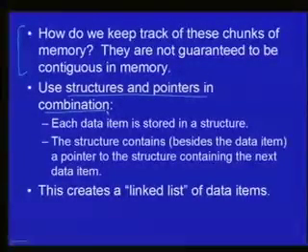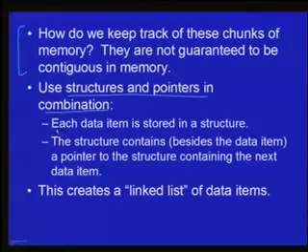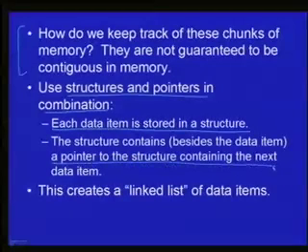And the basic idea is very simple. Let's say we have integers as data items which we need to store, and we are using dynamic memory allocation to store them and allocate enough memory to hold an integer as and when we read an integer. So what we do is that each data item is stored in a structure which, besides containing the integer or whatever the type of our data item is, it will also contain a pointer to the structure containing the next data item.